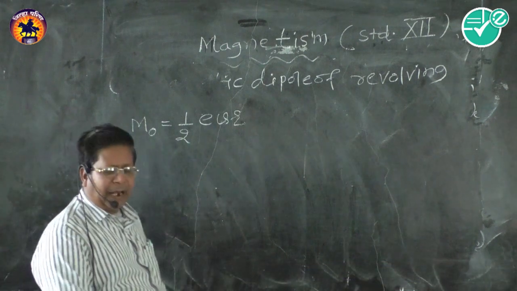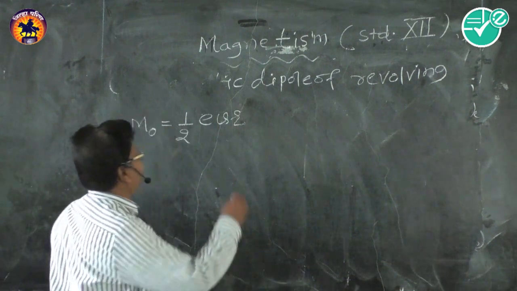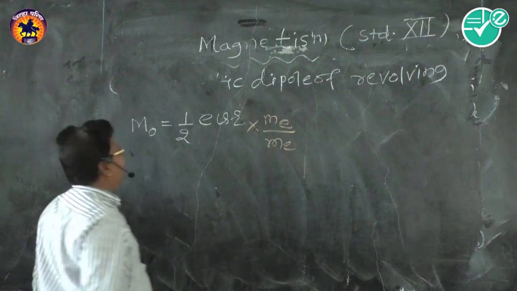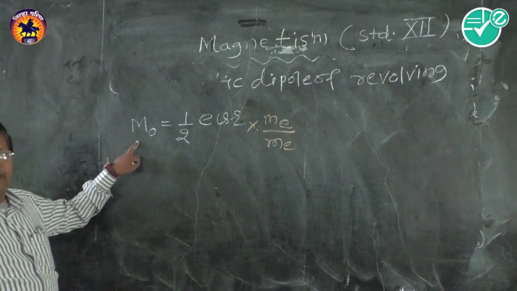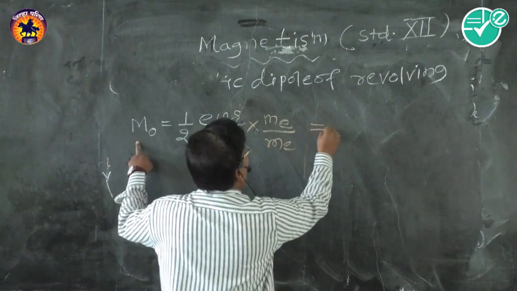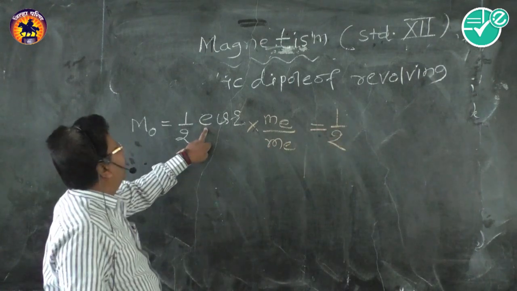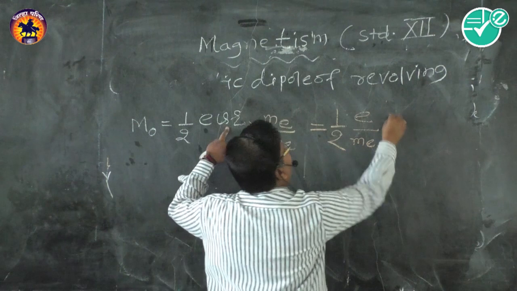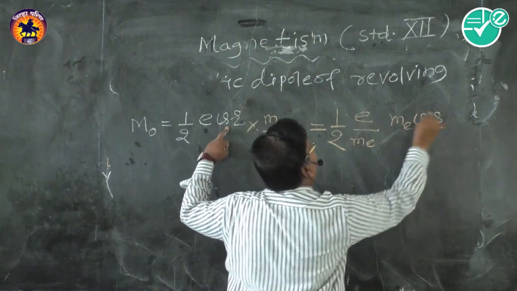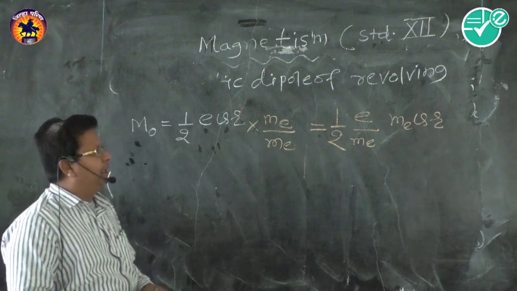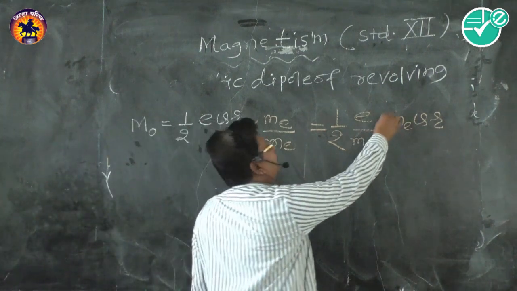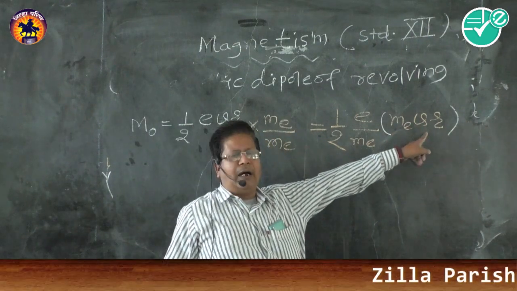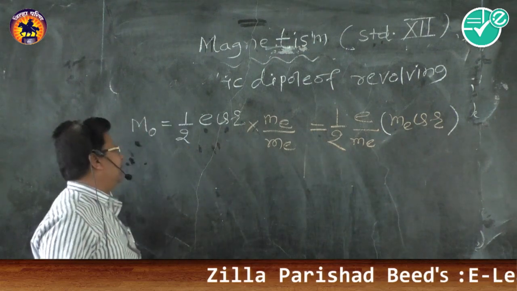Again, if we multiply and divide this equation by the mass of the electron, that is m_e, then our equation for orbital magnetic moment becomes 1 by 2 e divided by m_e into m_e into v into r. And in this case, the quantity m_e into v into r is called angular momentum.